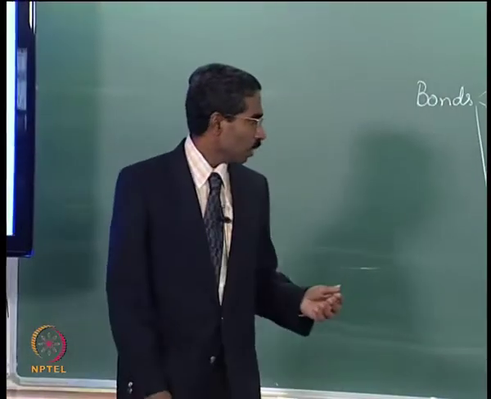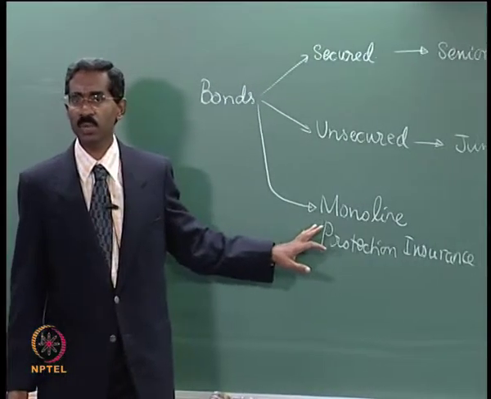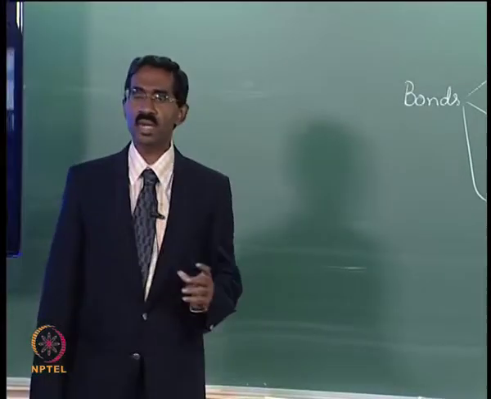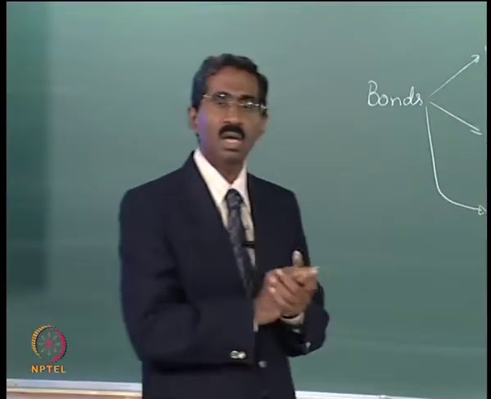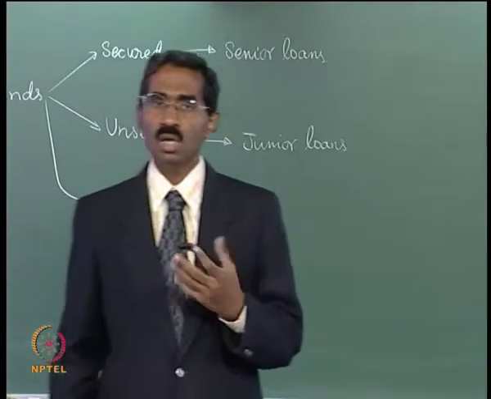Okay. Why this monoline insurance? Because this is an insurance provided typically by financial insurance companies, and the financial insurance companies do not have other lines of businesses. In fact, their only line of business is to provide financial insurance. So therefore this is called monoline insurance.